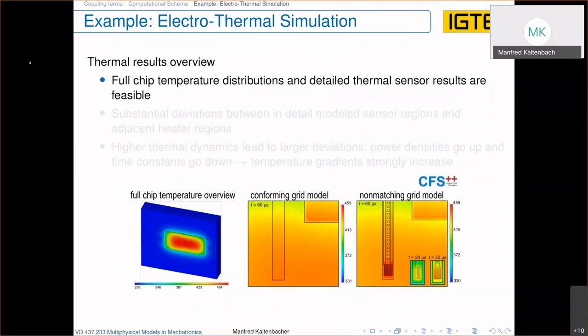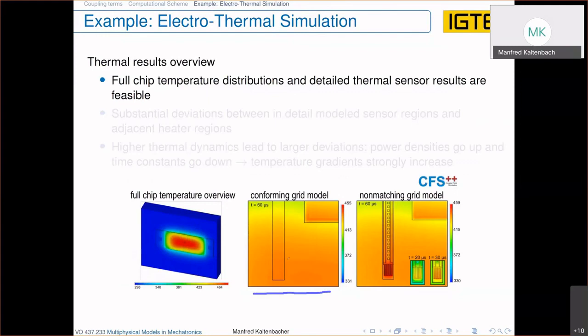So what we see here is now clearly the following. When you have here this full chip simulation and you look here where we have used our conforming grid model, then clearly we cannot get a physical temperature distribution within the sensor element as shown here, because we have not resolved the geometric details.